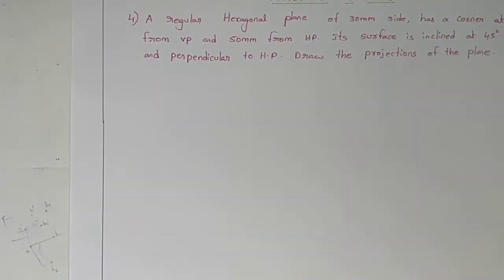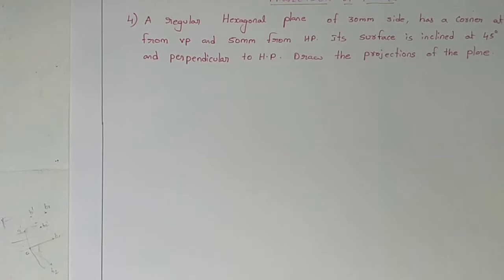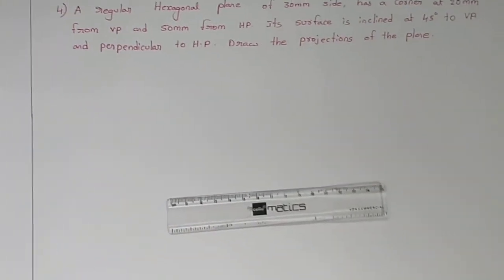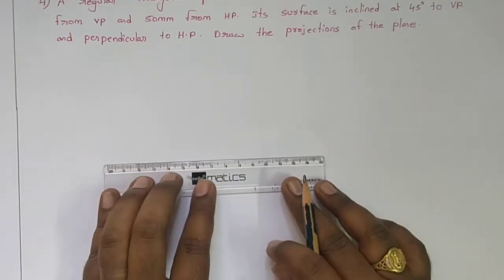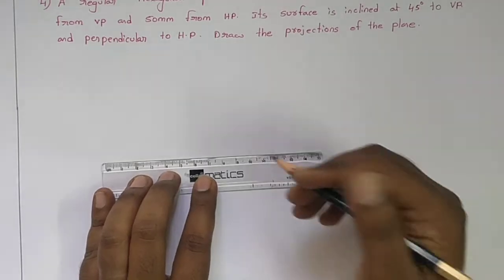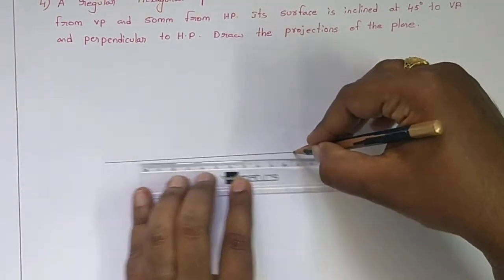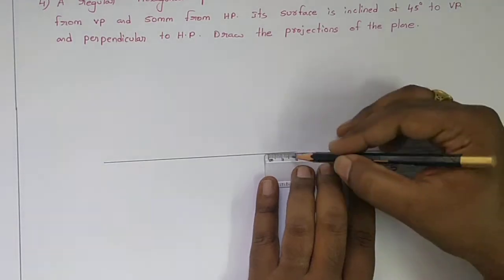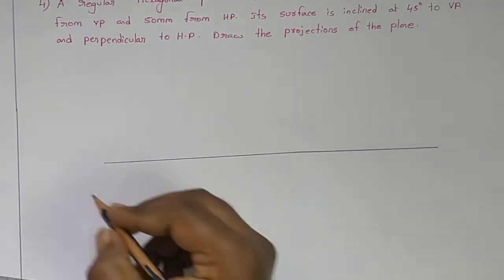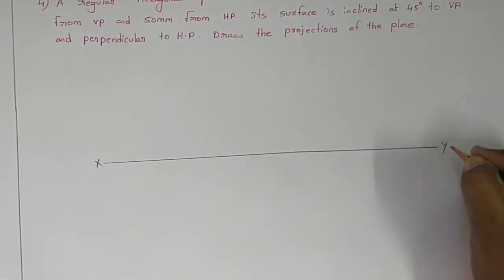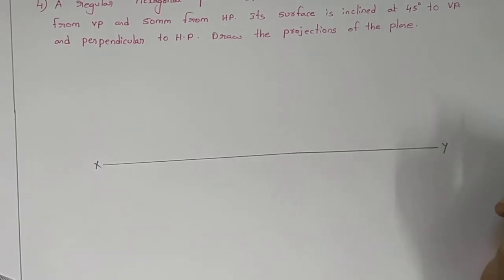First we need to draw the axis, that is the XY line. Next we need to draw the true shape.